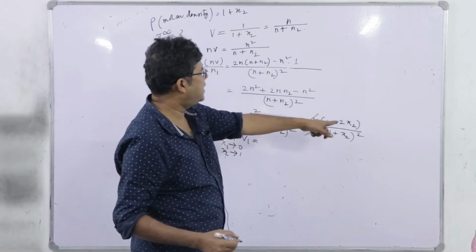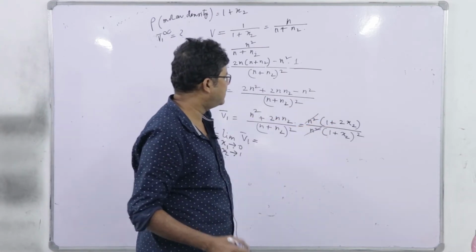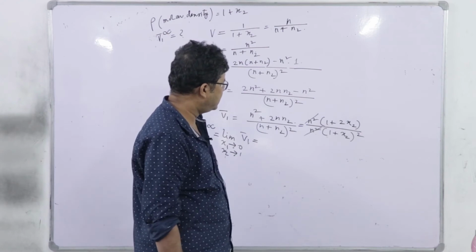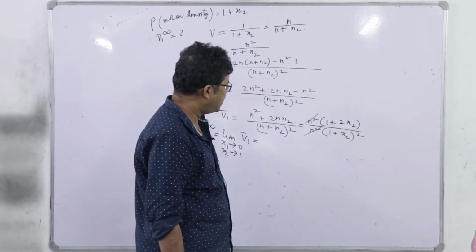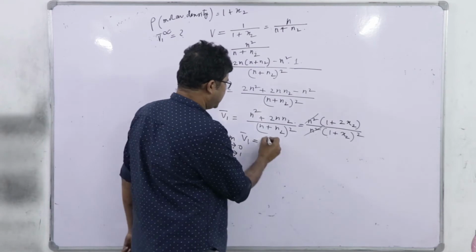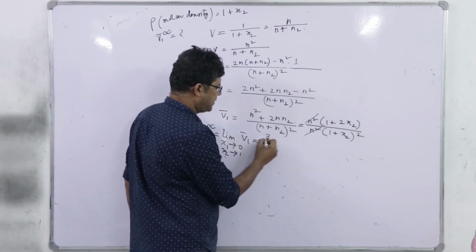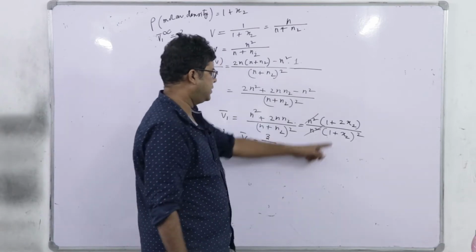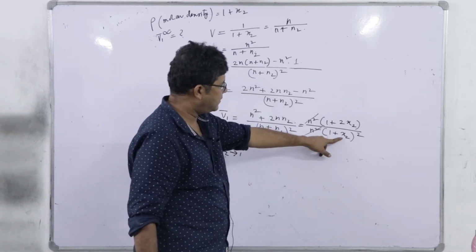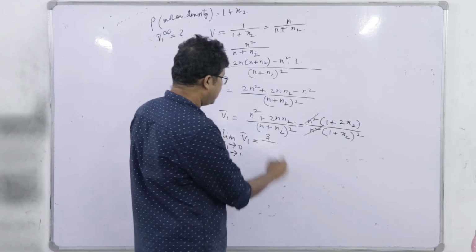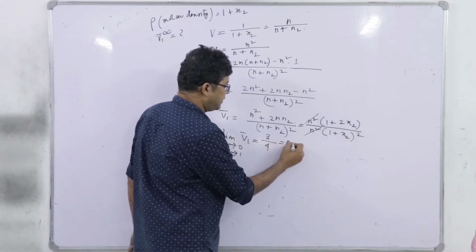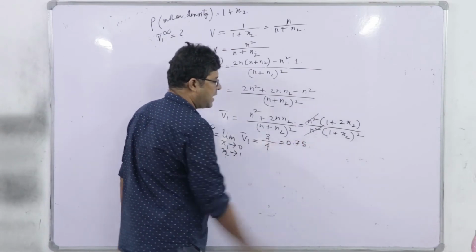So, if x2 tends to 1, this is 1 plus 2 in the numerator, so numerator is 3, and denominator is 1 plus 1, squared, so 2 square is 4, so 0.75. So, that is the answer.